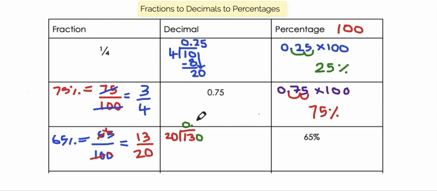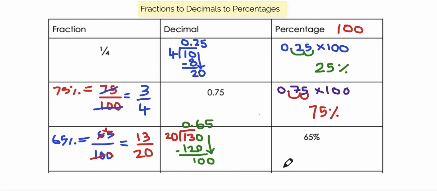Yes, it can. It goes in 6 times. Then 6 times 20, that's 120. We subtract, we get 10. Then we bring down an imaginary 0. Then we ask ourselves, can 20 go into 100? Yes, it can. 5 times. So 65% is 13 over 20, which is 0.65.